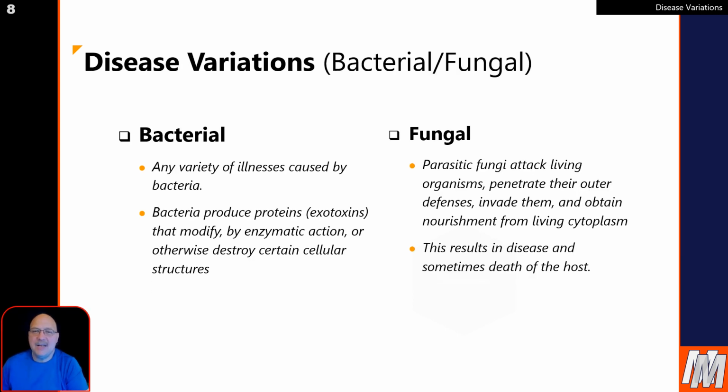In the previous slide, we described a disease as a particular abnormal condition or disorder or structure or function that affects part or all of the organism. You see here two disease variations, bacterial and fungal. We're going to run through a couple of these. It's really kind of just a grounding.